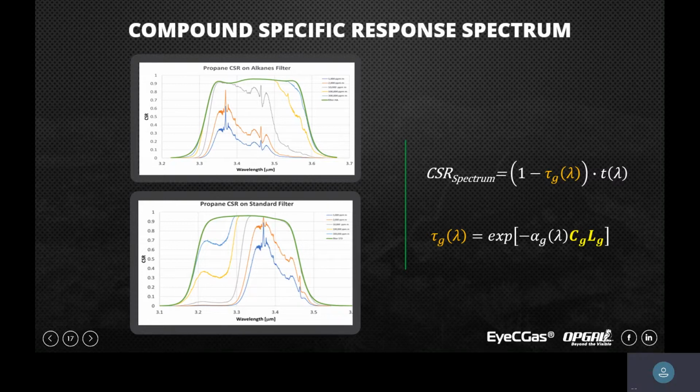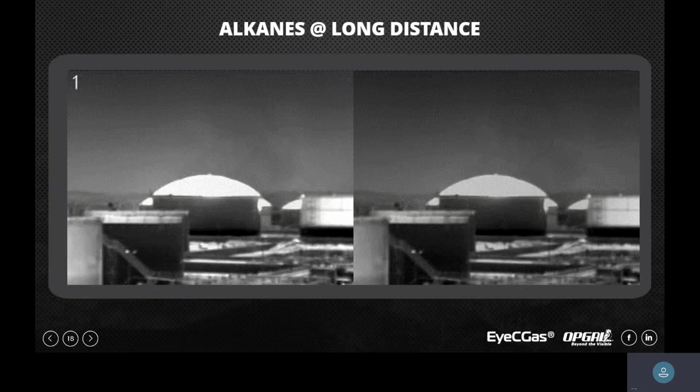The gray one is 10,000 ppm meter. We still see the feature. We still have a response here of the octane, and once we lose a response on this 100 ppm meter. But here you can see we are losing the response on the standard filter. So this is the CSR on both filters, and just for comparison for propane.